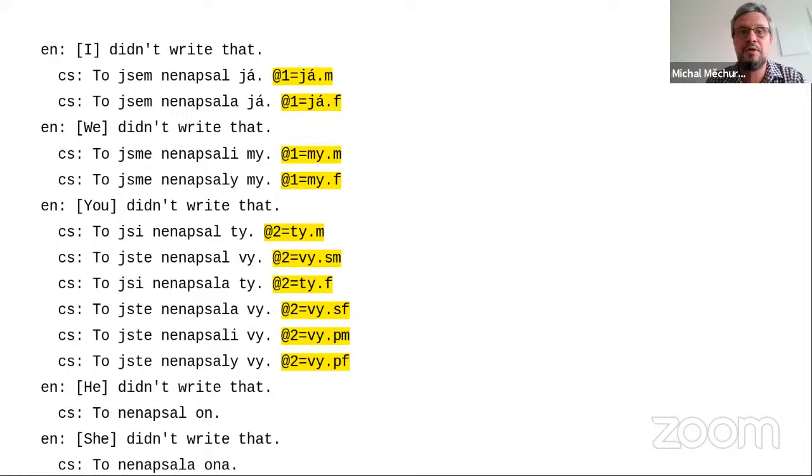Okay, so the first one means first person singular masculine, the second one means first person singular feminine, and so on. So this is the kind of markup that needs to be present in the data for CheckSlater to be able to ingest this particular cluster and to work with it. All right.